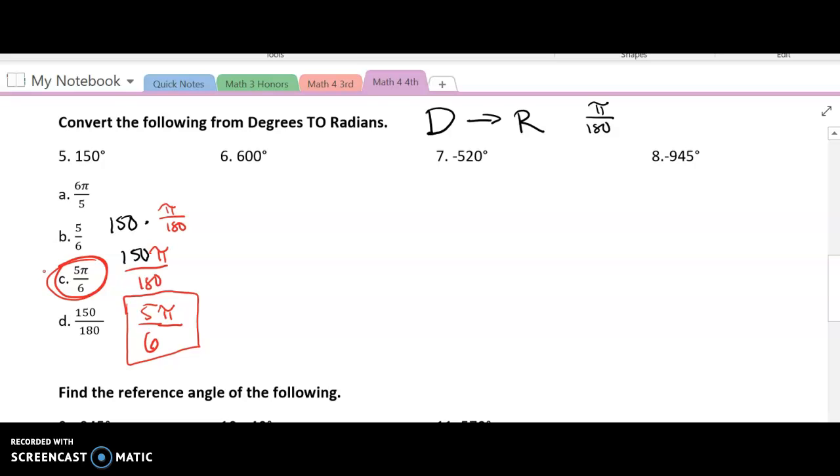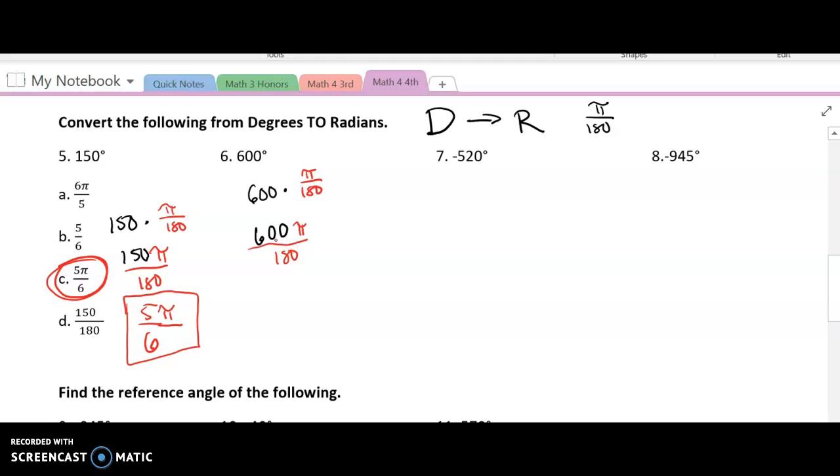All right. So let's do number 6 now. For this one, we have 600 degrees. Now we're going to follow the same process. So we're going to have 600 times our fraction, which is pi over 180. So now we're going to have 600 times pi all over 180.